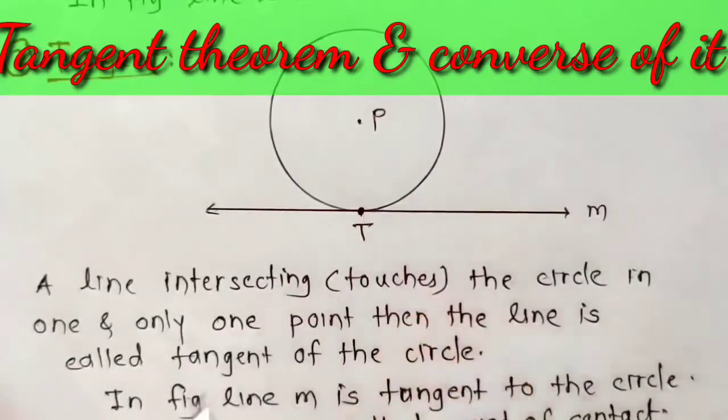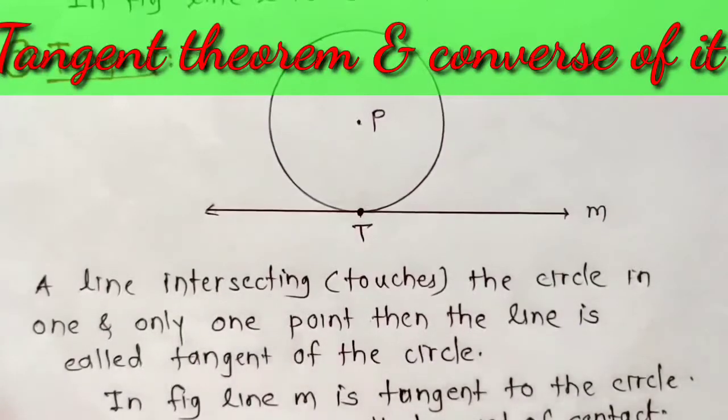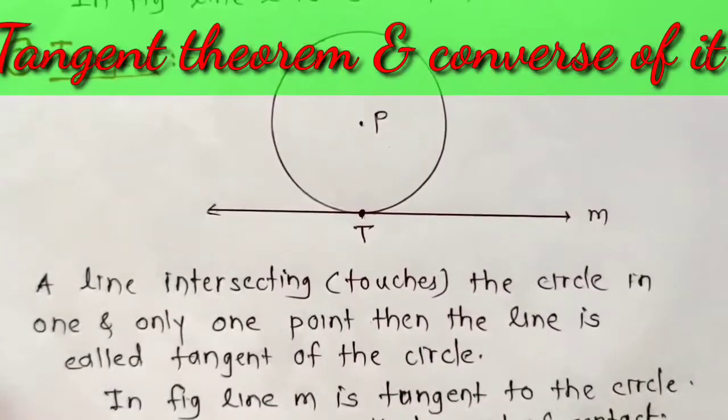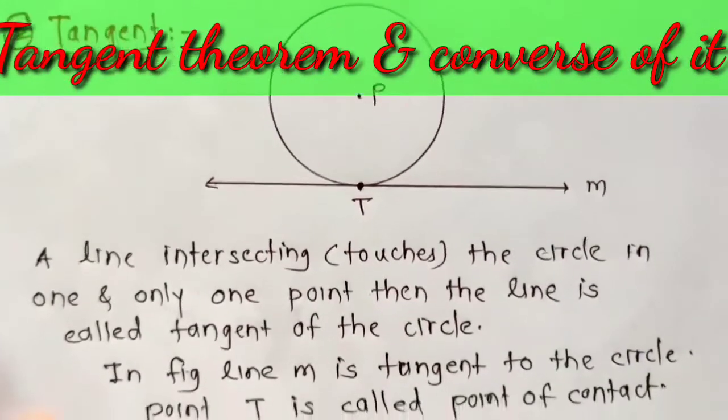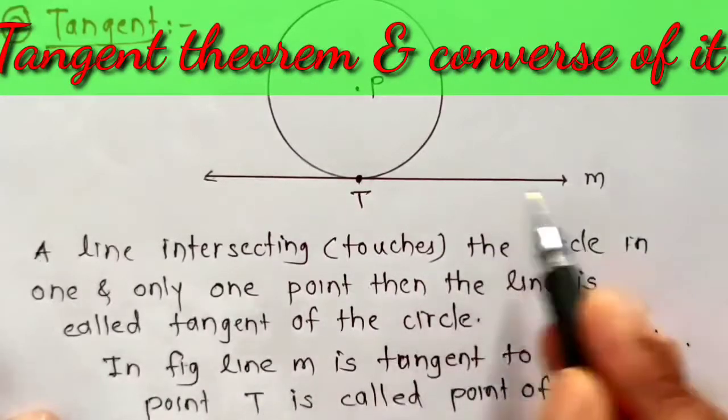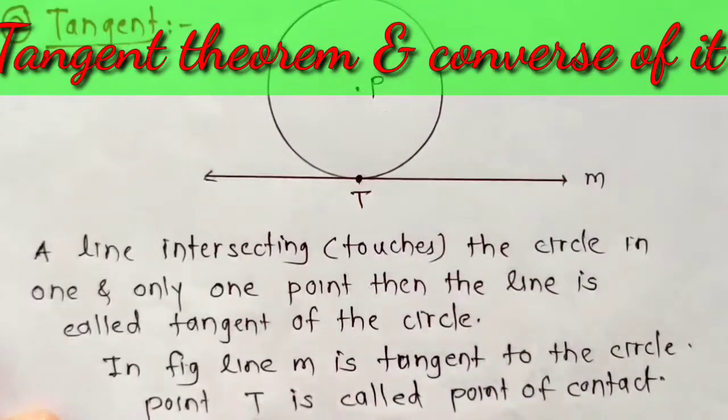If there is a single common point for the circle and the line, then it is called a tangent. Here, line M is called a tangent of the circle, and point T is known as the point of contact.